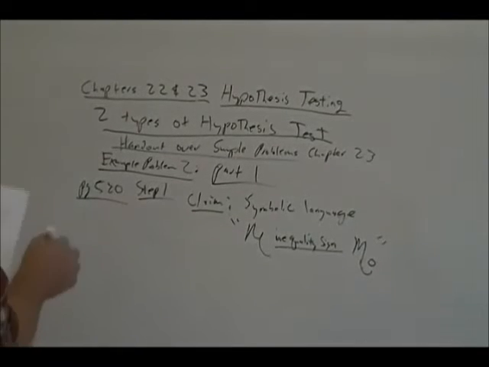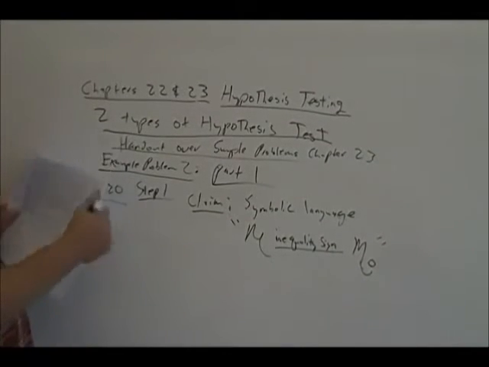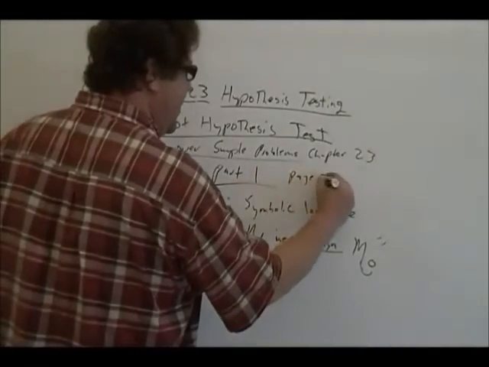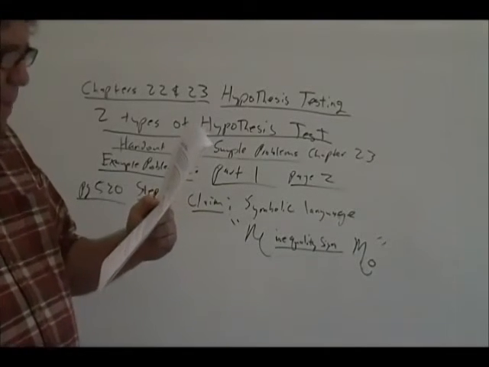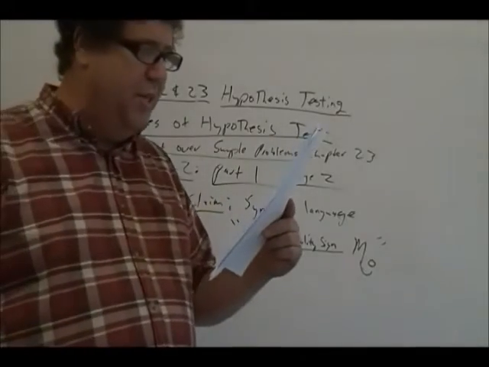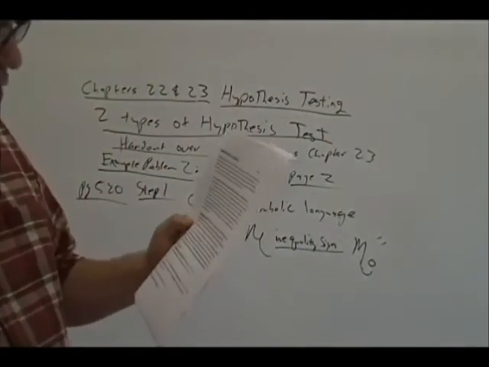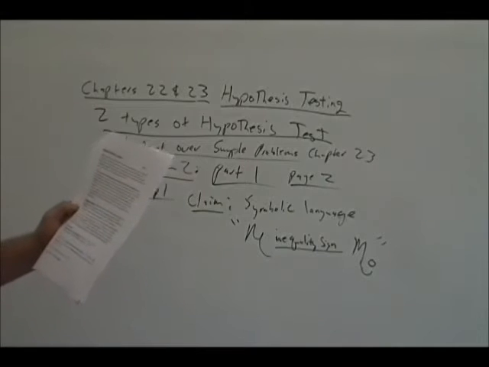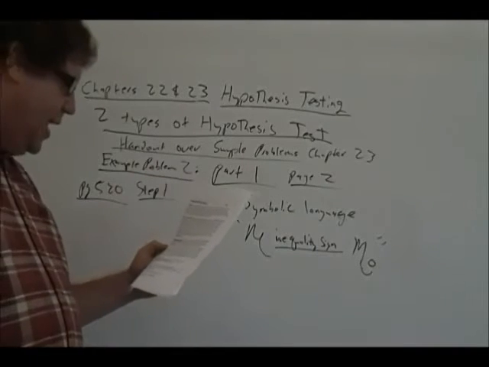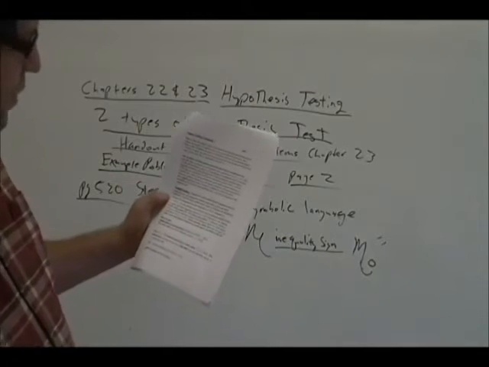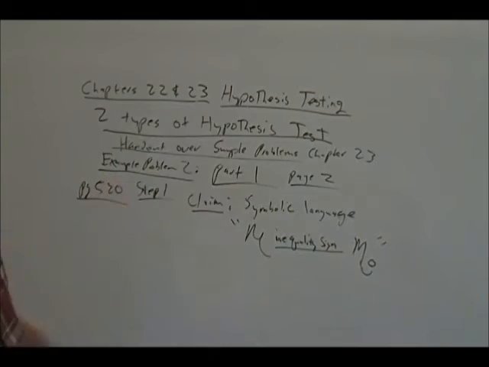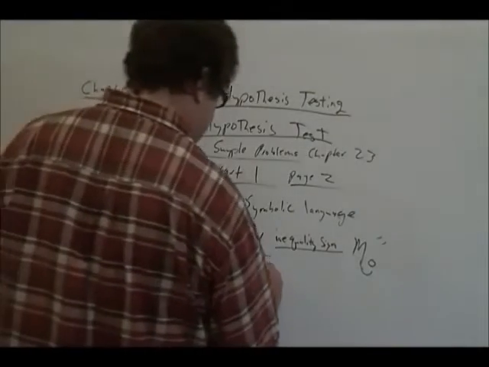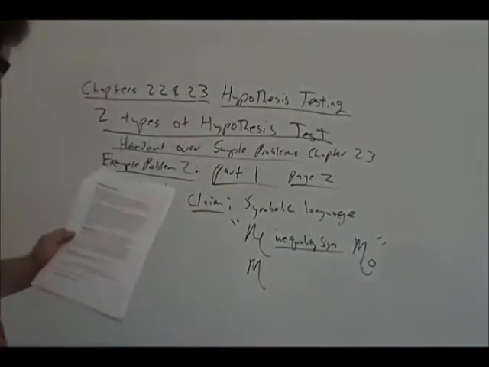So let's read the problem and see if we can write the claim in symbolic language. Looking at example problem 2 from part 1, on page 2 of that handout, it says, suppose that a certain reputable health organization makes the claim that the mean body temperature of all healthy adult humans is greater than 98.2 degrees Fahrenheit. So the population mean here, the mean body temperature of all adult humans, is what?